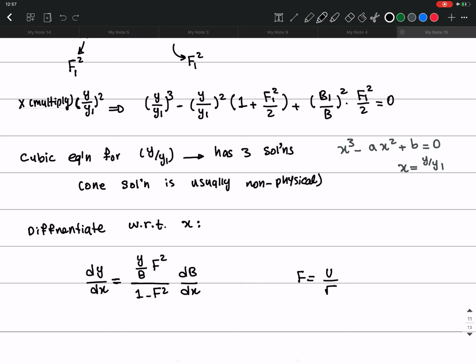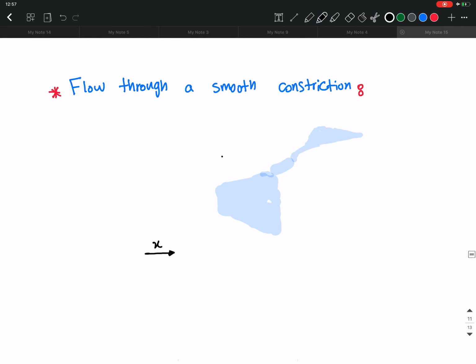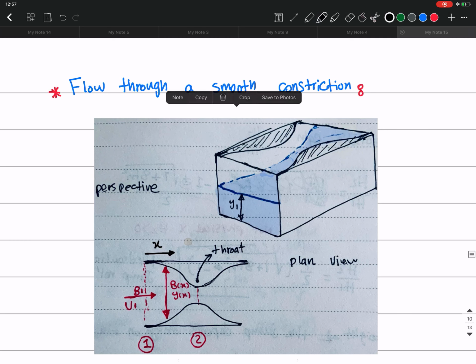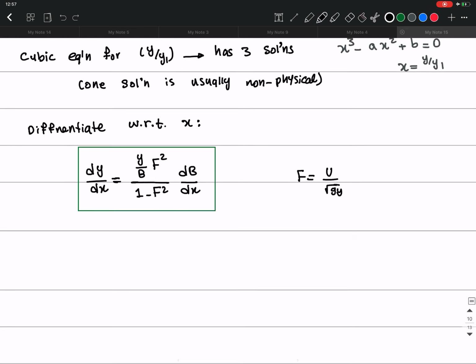So you end up with this equation, which shows dy over dx, how the depth varies in the x direction, how this depth varies as it goes along this channel or constriction, okay?